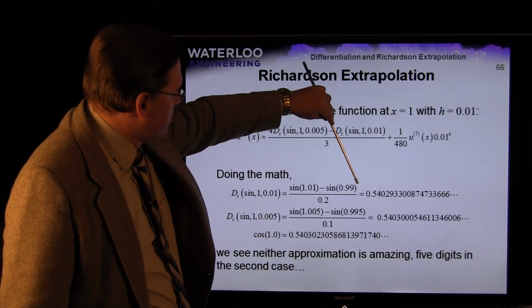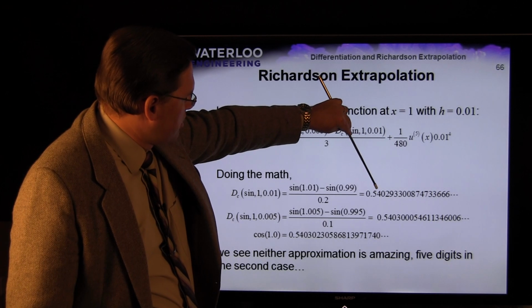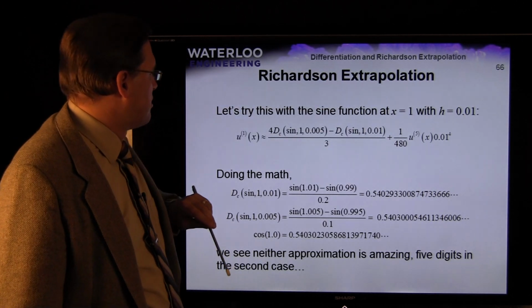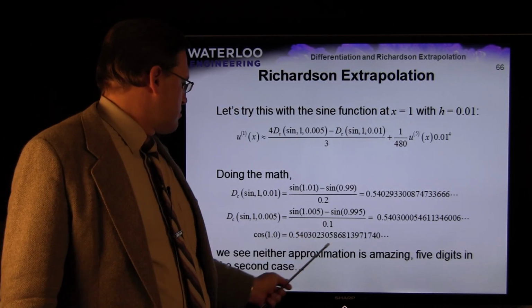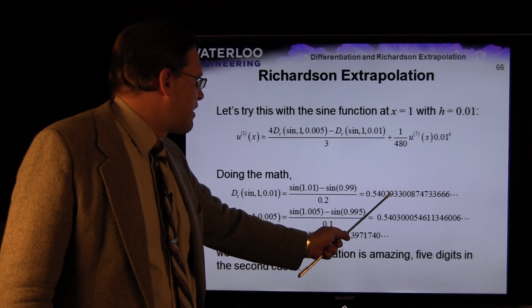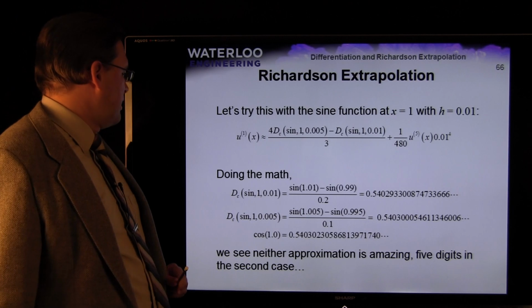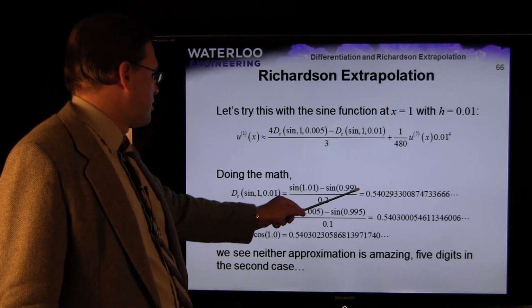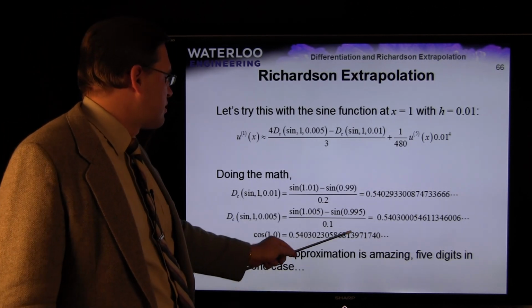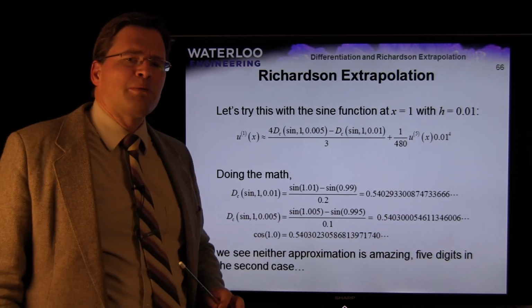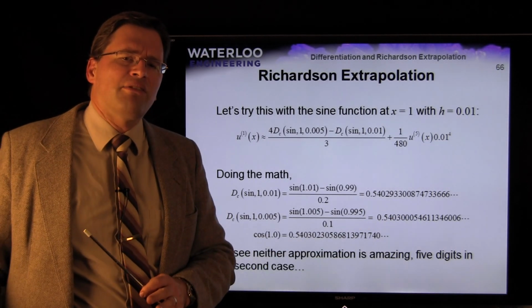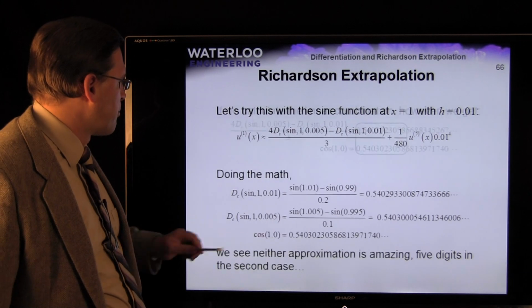Here we have 1, 2, 3, and then that's it. So in either case, here we have 3 digits of approximation. There we have 5 digits of approximation. Neither is that impressive. There's the actual value.